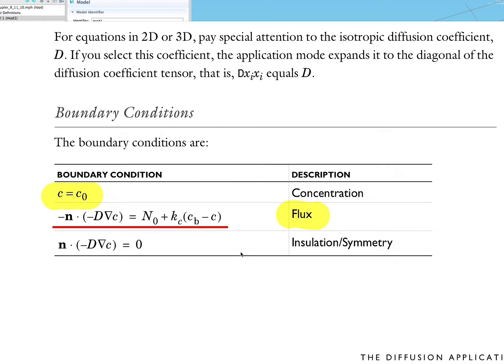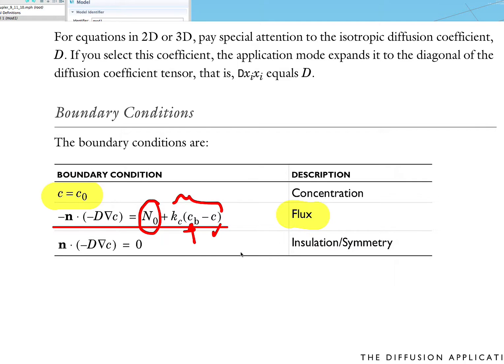right hand side. The given known right hand side will be either a fixed value that you know, or you can also specify a rate constant at the boundary, k sub c, times the difference between a background concentration that you know and the concentration at the boundary.